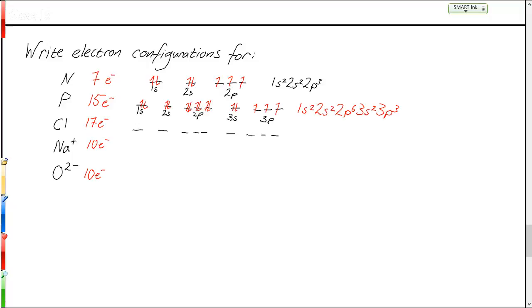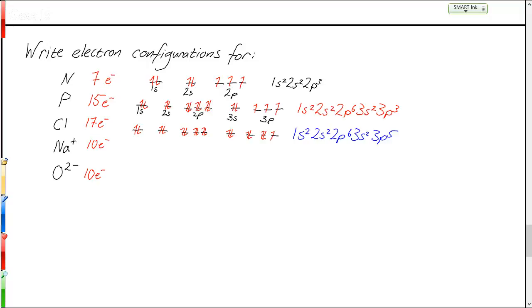So very similar setup. 1, 2, 3, 4, 5, 6, 7, 8, 9, 10, 11, 12, 13, 14, 15, 16, 17. So 1 spot left open for an electron, which gives us 1s2, 2s2, 2p6, 3s2, 3p5.